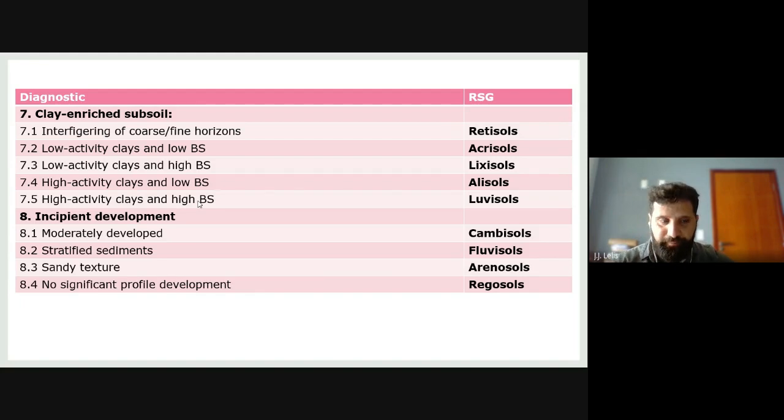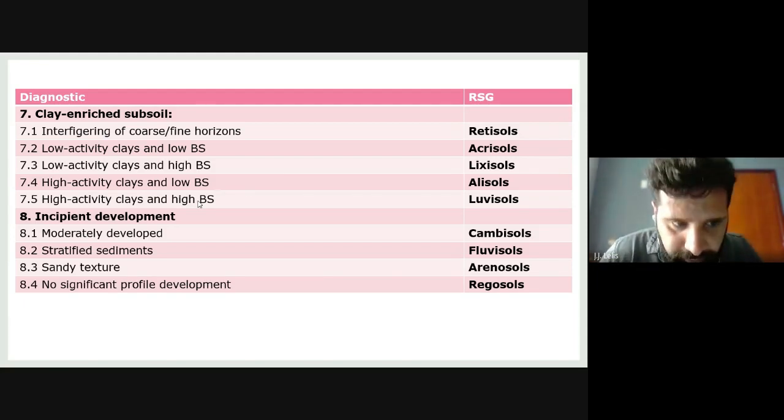So they are soils that are changing from very incipient soils to modern soils or strongly developed horizons. We also can find some soils that are formed by sedimentation of alluvial and fluvial sediments. Those soils are called Fluvisols.